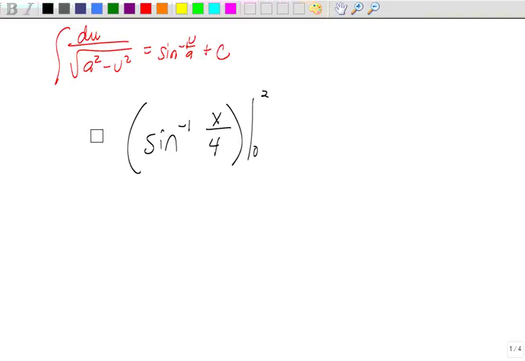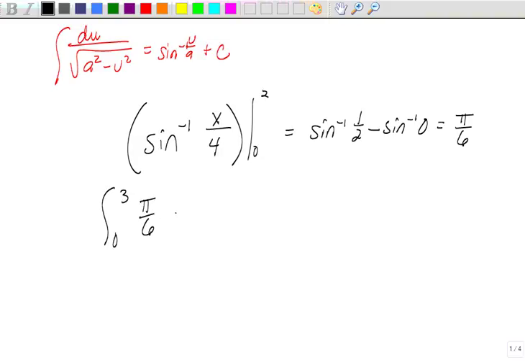Let's not integrate that. So that's just going to be sine inverse of 1/2 minus sine inverse of 0, which is pi over 6. And then we're going to integrate 0 to 3 pi over 6 dy.